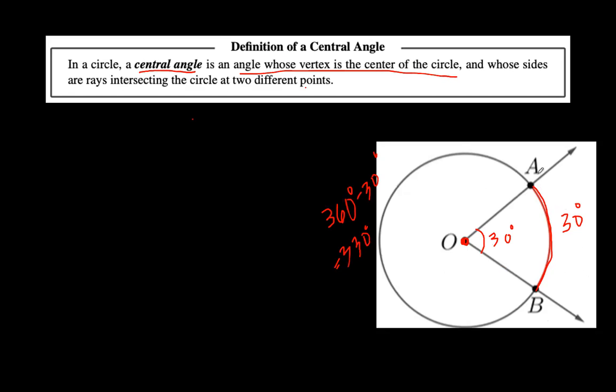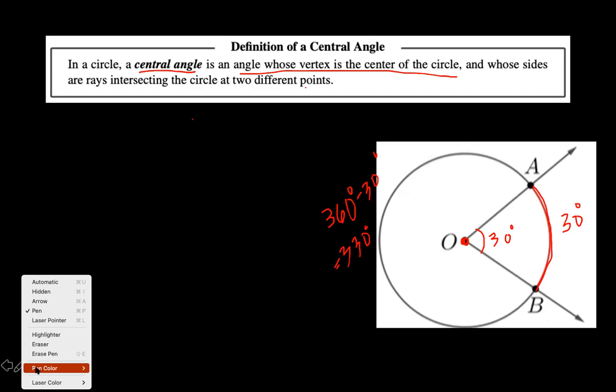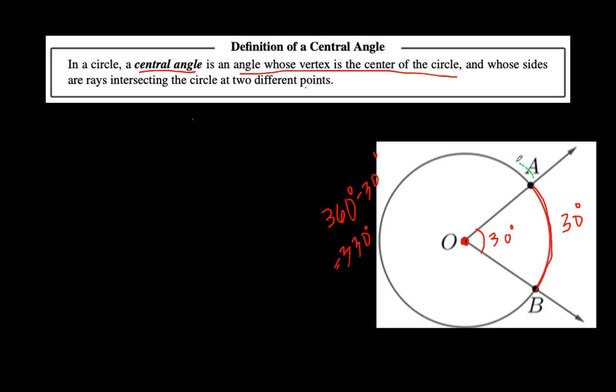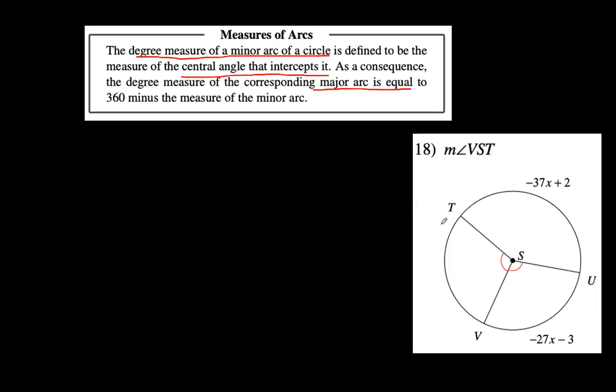Let's change the color to green. So the arc here is equal to 330 degrees, and of course the measure of the angle here is also 330 degrees. That's the property of a central angle and its intercepted arc.